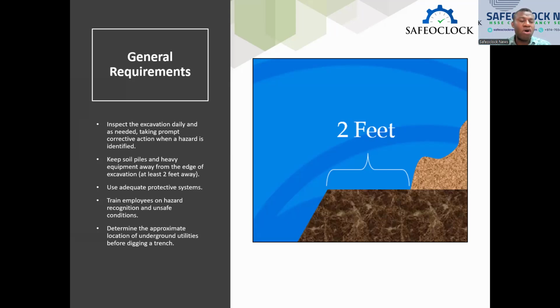The excavation must also be inspected daily before any activity is done inside the excavation. Daily inspection of excavation. There must be use of protective equipment or protective systems. We are going to be looking at some of the types of protective systems. Then the workers working in these excavations must be trained. They must attend excavation safety related trainings, and they should be aware of the hazards associated with that excavation.